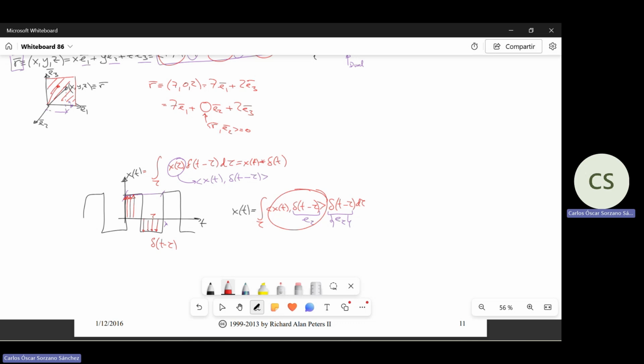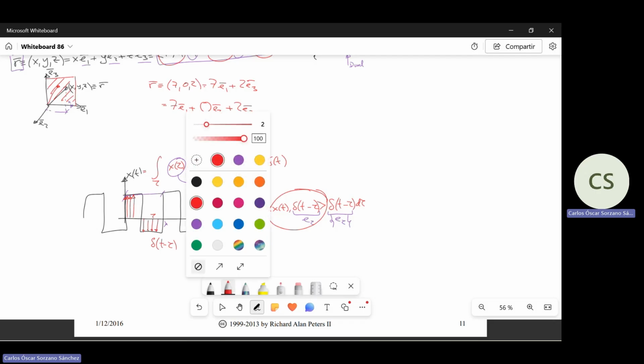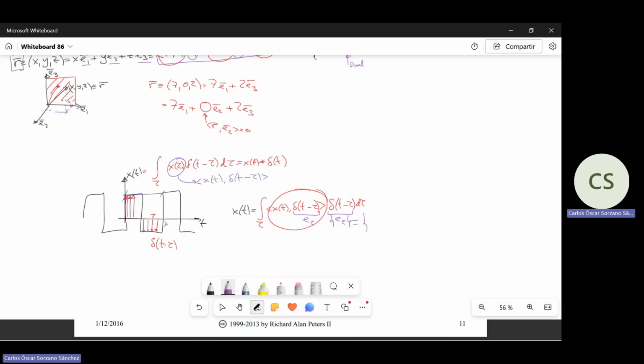So the set of basis functions is delta t minus tau for all tau that makes sense. If your function is periodic, the tau that makes sense is from 0 to lambda.